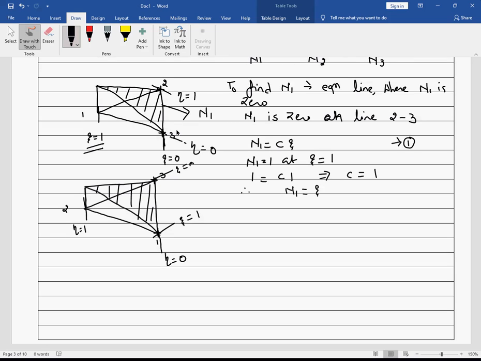Whatever I was getting in N1, the same kind of thing I am also getting in N2. The only difference is the orientation is different. So therefore, instead of going for the full derivation, I could call N2 as eta. I can label this as equation number 2. If you have understood this, you can type 2, or else you have your questions.